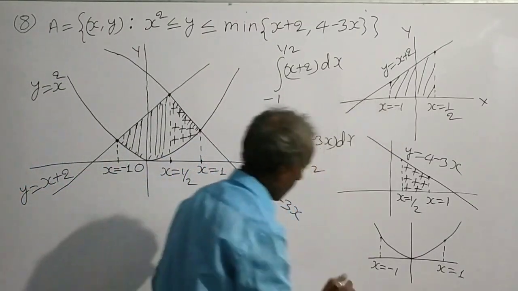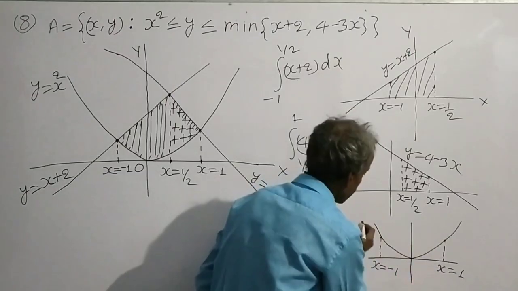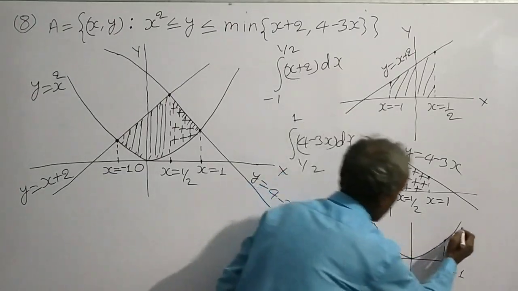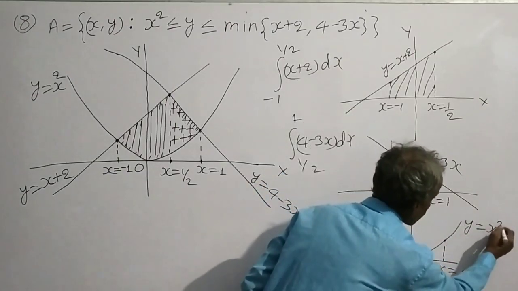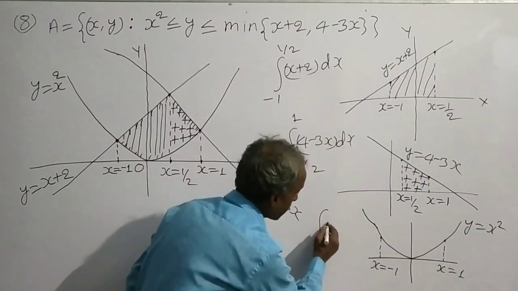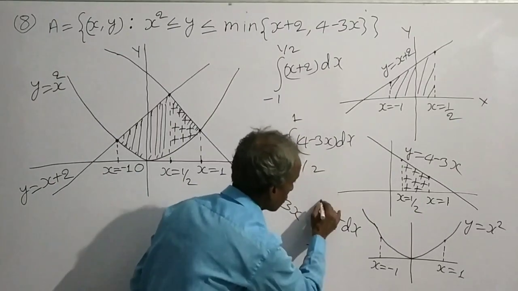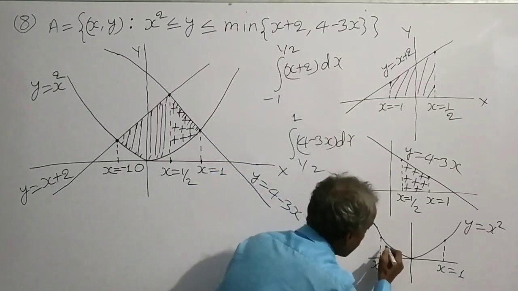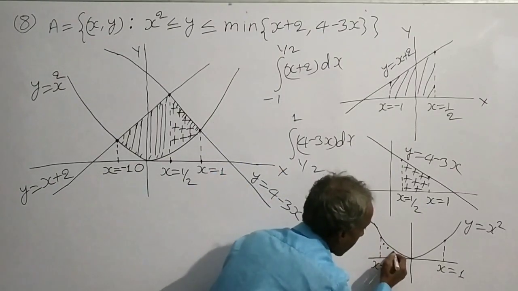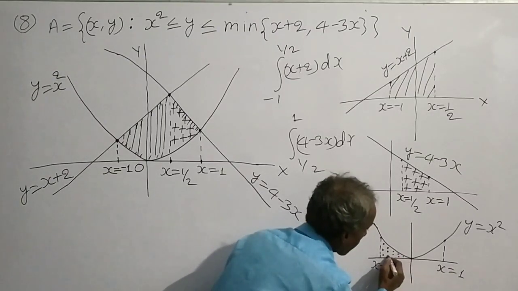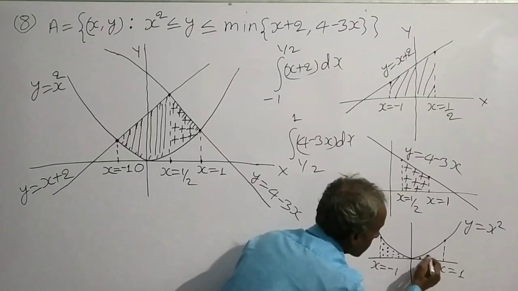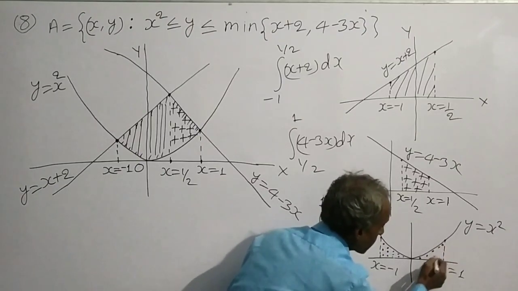Now, when we write y = x square, and x square dx from -1 to 1, we get the area shaded by this point.